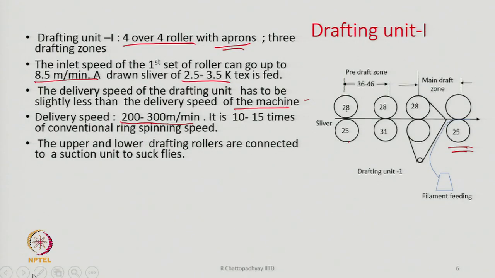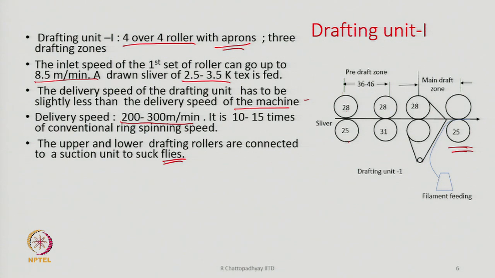The upper and lower drafting rollers are connected to a suction unit to suck flies. That means this upper part from here to there, and the lower part, actually there is a suction system. Why?